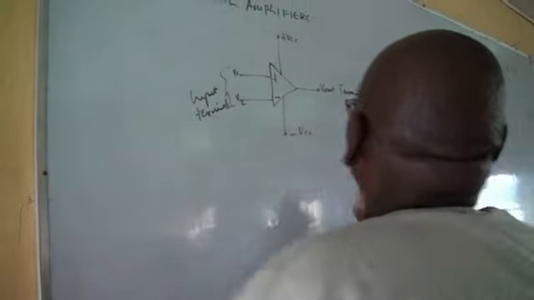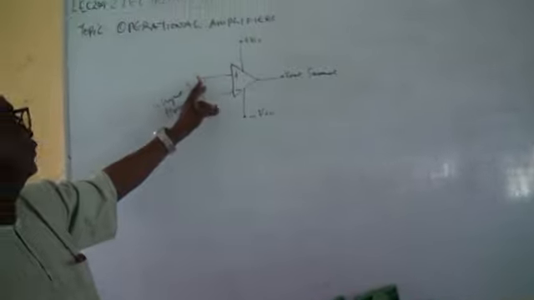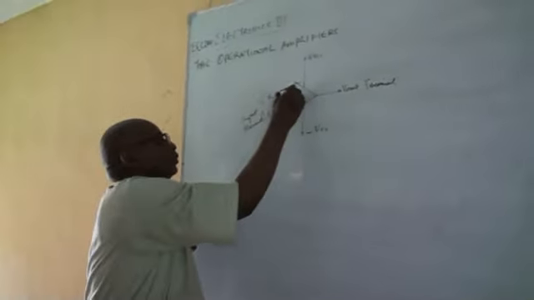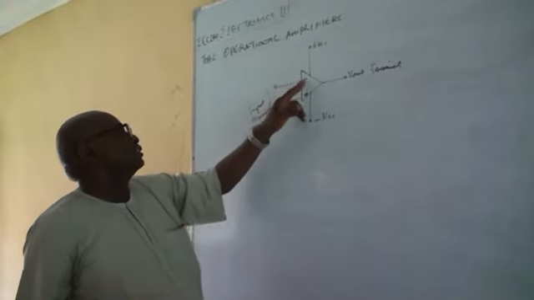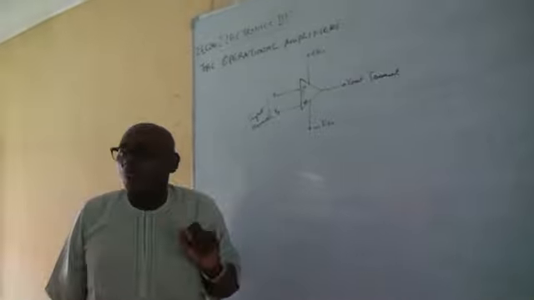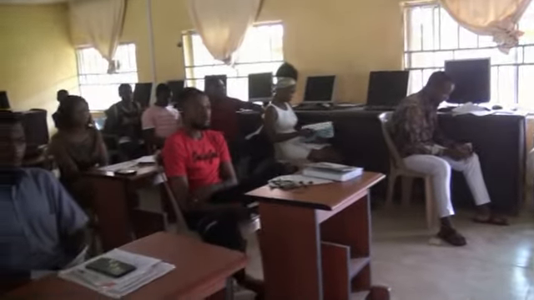And you can see Vout means output voltage. V1 and V2 mean the input voltages, and you can invert either one. This is the inverting terminal and this is the non-inverting terminal. What do I mean by inverting and non-inverting terminal? The inverting terminal is the negative terminal, while the non-inverting terminal is the positive terminal.